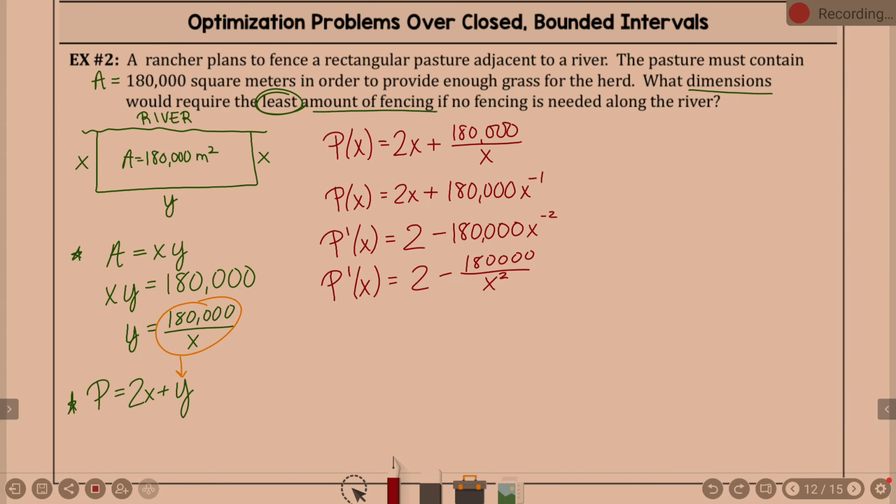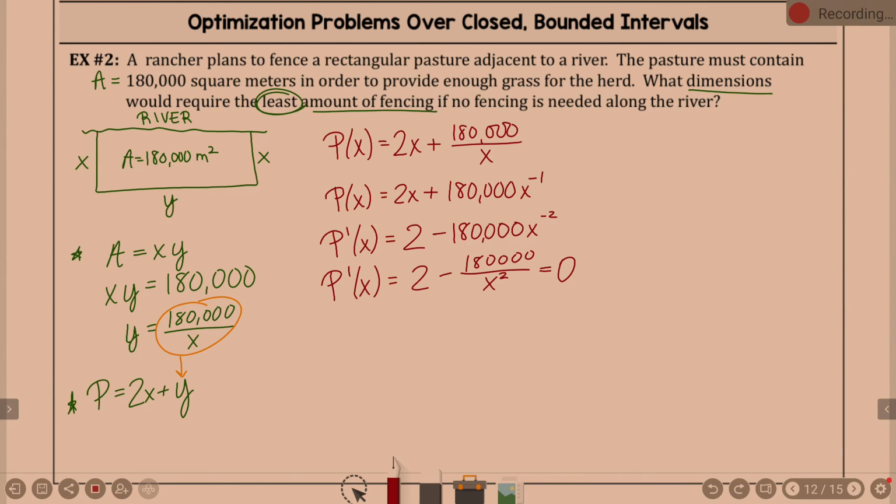Okay. Now, with that in mind, we've got our derivative. Now we're ready to set it equal to 0. Since there's a fraction with an x in the denominator, I would put pieces on opposite sides.